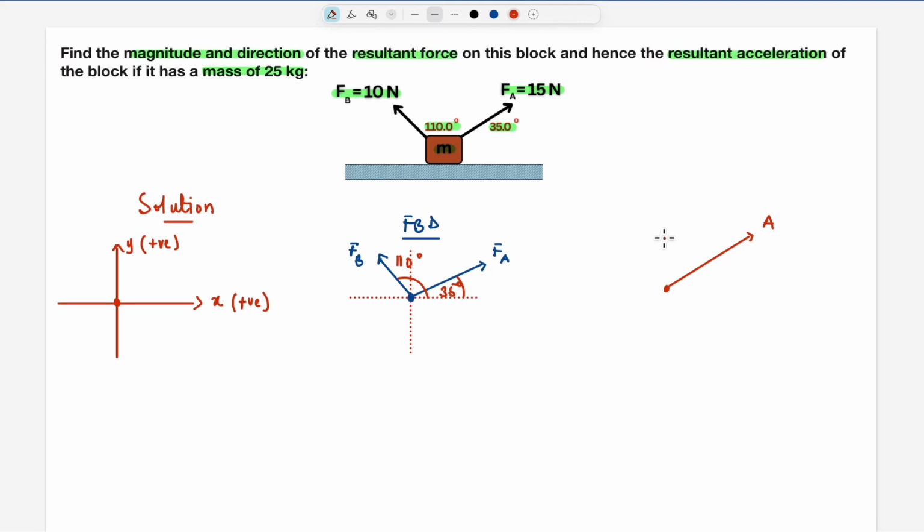Now, placing our coordinate axis, we can see clearly it makes an angle with the positive x-axis, right? So this is our x-axis and this is the y-axis. So this vector A makes an angle theta to the horizontal.